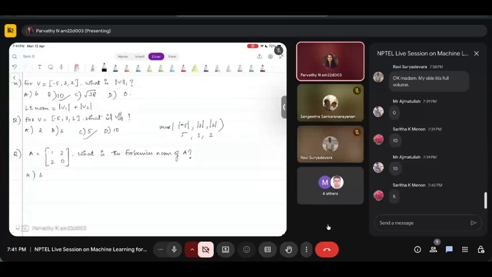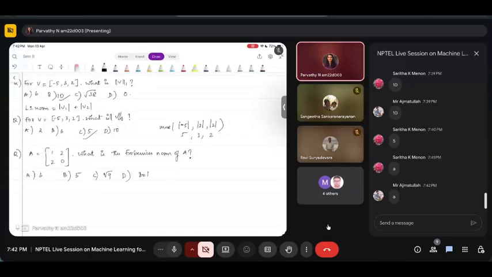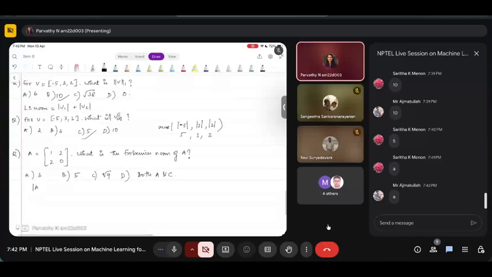The Frobenius norm is the square root of the sum of squares of all elements.